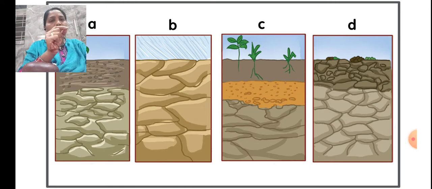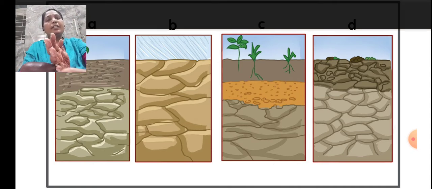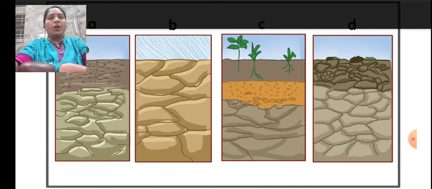Where the seeds have fallen on these rocks, due to the weathering process, the rocks are again broken down into very tiny pieces and finally form soil. You can see in picture A how the soil is formed from the small gravel.